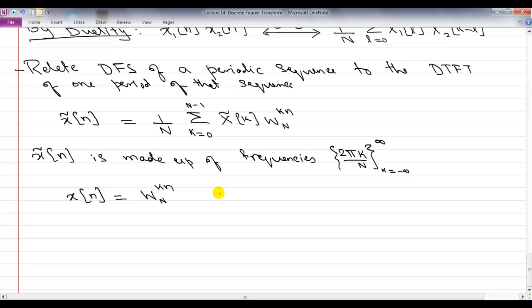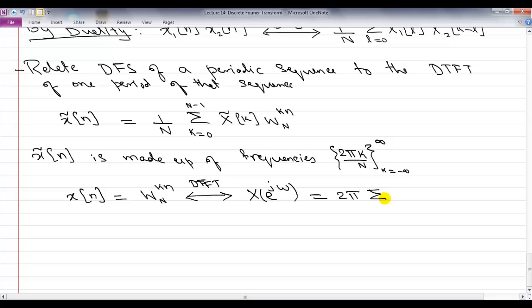That is just an impulse. The DTFT, X of e to the j omega, with a factor of 2 pi, is simply given by an impulse at location 2 pi k over N, and of course its periodic repetition.